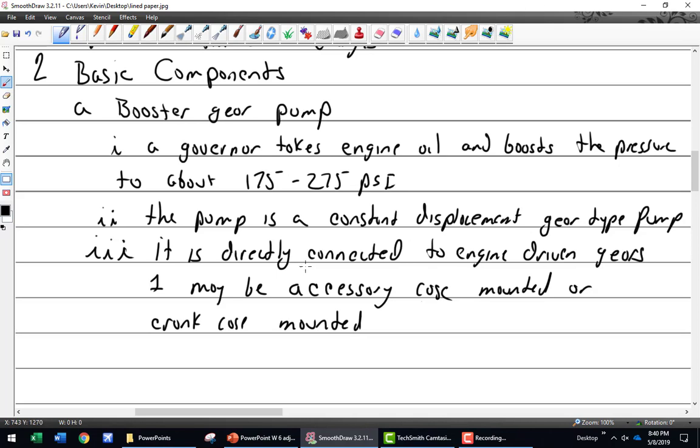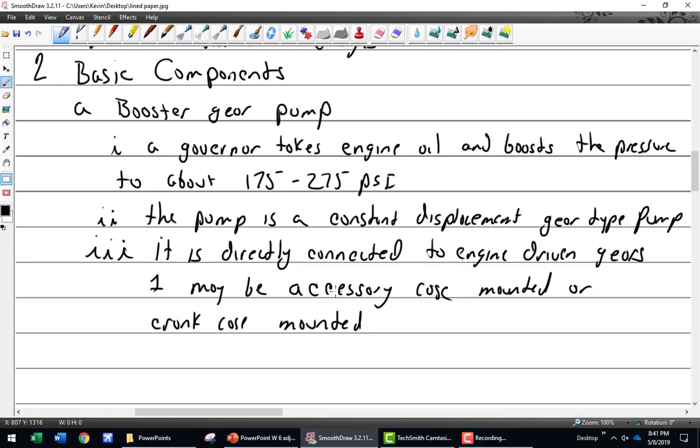I tend to like the way Continental does their mounting a little bit more. With Continental, they run it up in the front, which isn't always easy to get to. But the nice thing about that is the oil comes out of the gallery right into the governor. You can't even see it. It's buried in the crankcase.